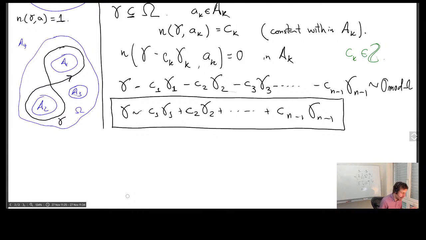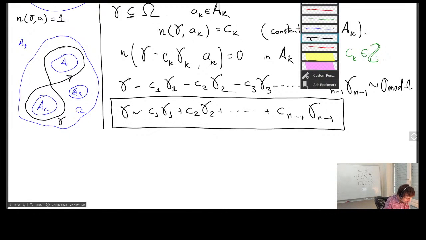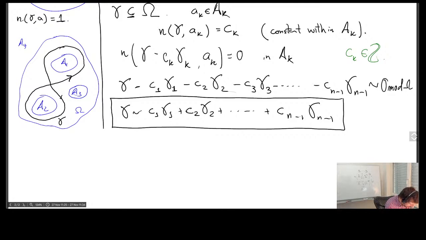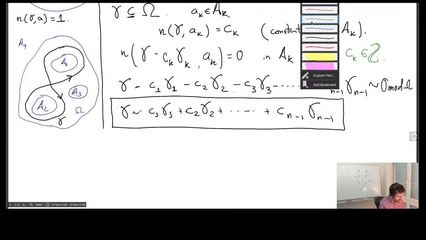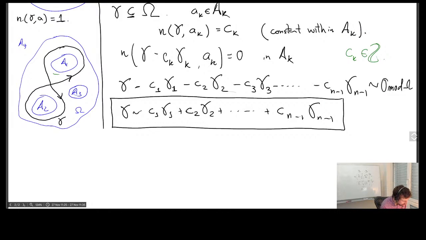Let's see in this picture what one means. It's always hard to look at these pictures and try to make sense of them. What I'm saying is that this curve, up to homology, looks just like the curve where maybe gamma 1 is this curve, and maybe gamma 2 is this one, going like this.